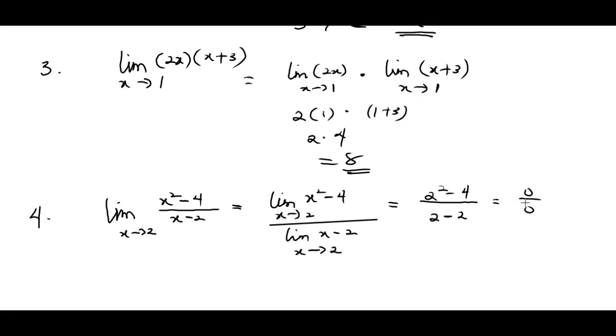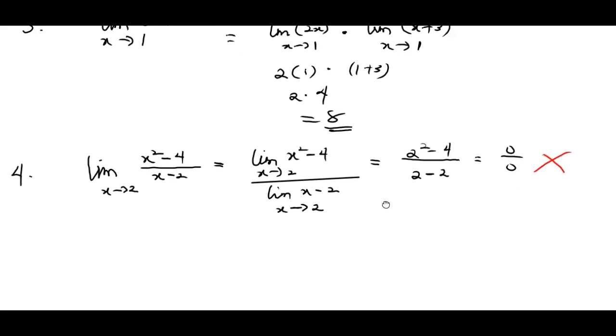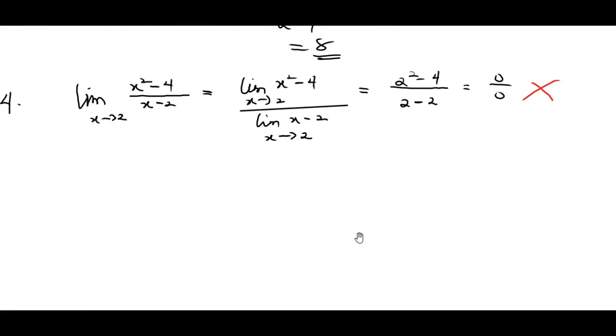Now, this will be very wrong, because I already gave you a condition under the quotient law that your denominator cannot be 0. And that is why this is wrong. So what are you going to do if you have this kind of question?